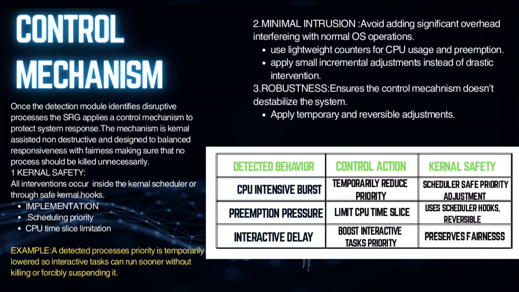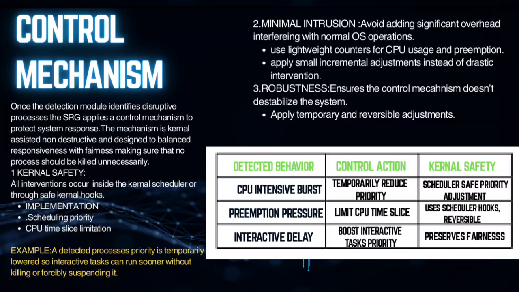When the detected behavior is preemption pressure, the control action is to limit the CPU time slice, and the kernel safety is that it uses reversible scheduler hooks. And when the detected behavior is interactive delay, the control action is to boost interactive task priority, and the kernel safety is that it preserves fairness.